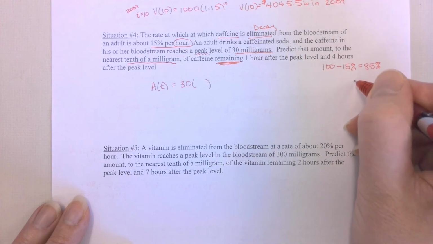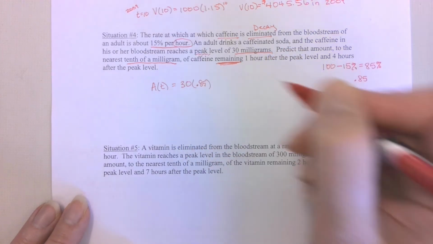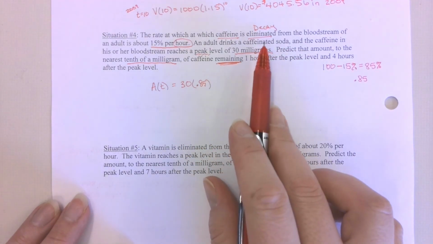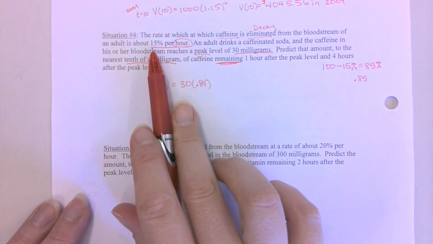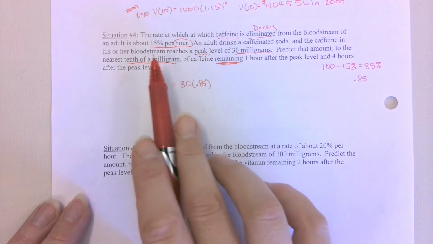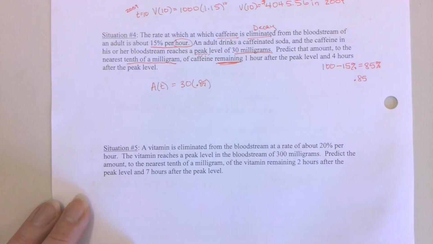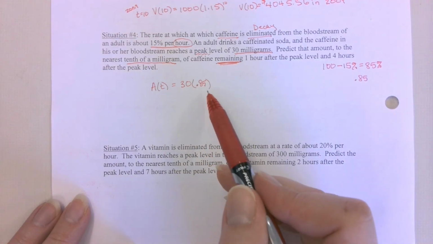And as a decimal, it's 0.85. And so that's where we want to be really careful. When something is decaying or being eliminated, we're not worried about what's leaving our system. We want to know what is remaining in our system.